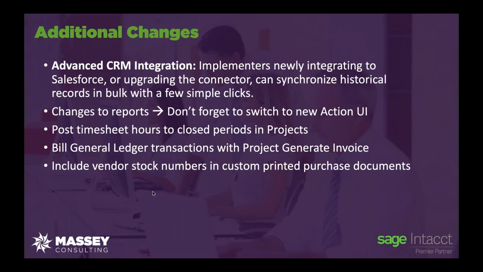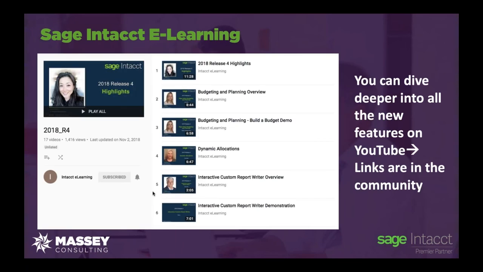And finally, getting to the point where you can print the vendor number on the custom PO document. So you can send a vendor a PO now, and you can put their item number on it instead of just yours.